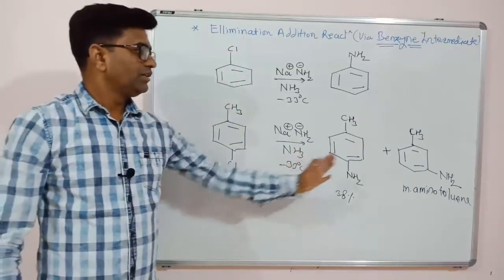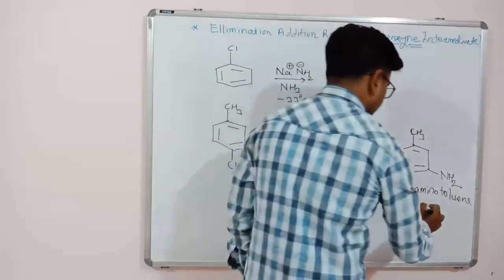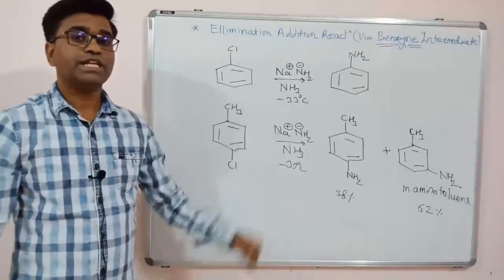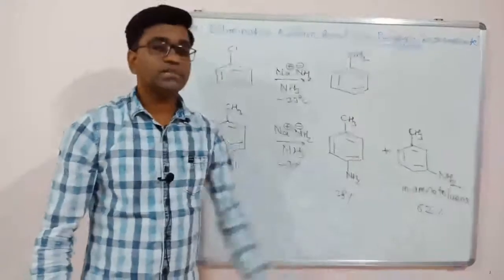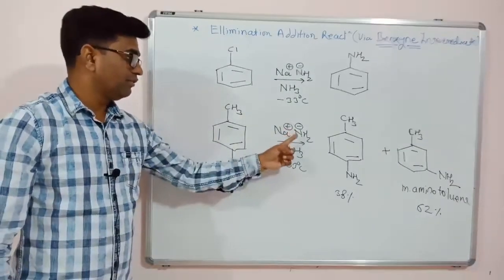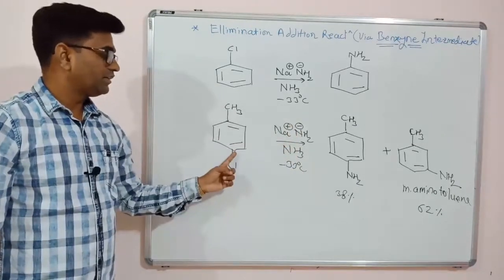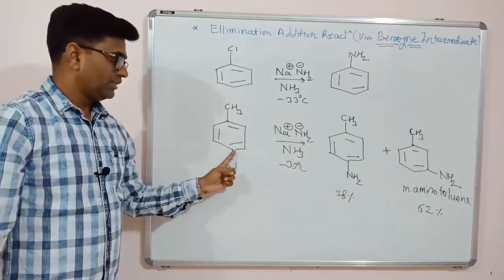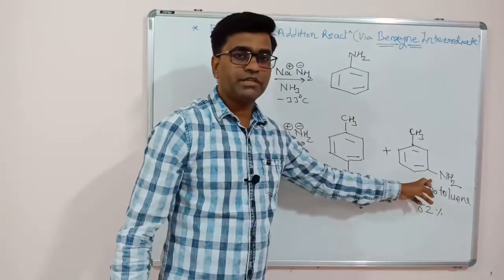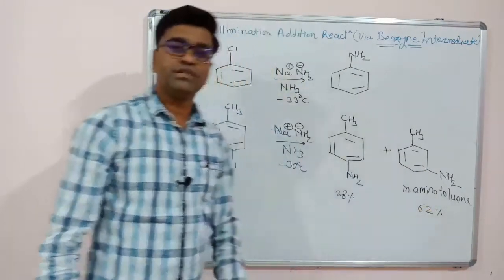We get this product as 62%, which is more than expected, and it is unexpected because our leaving group is here. The NH2 group, the nucleophile, should come at the chlorine position and then chlorine should leave. But this unexpected product is also obtained in major amount.